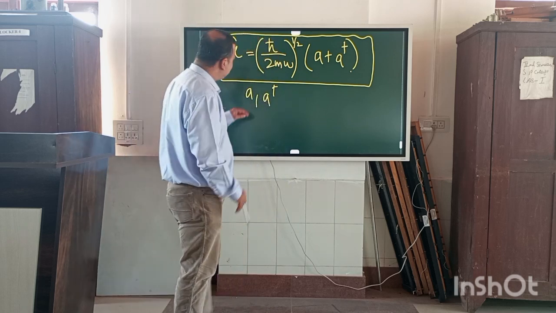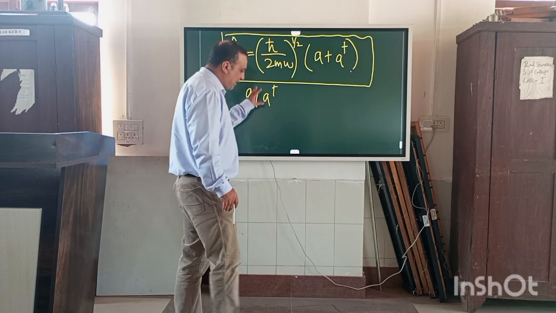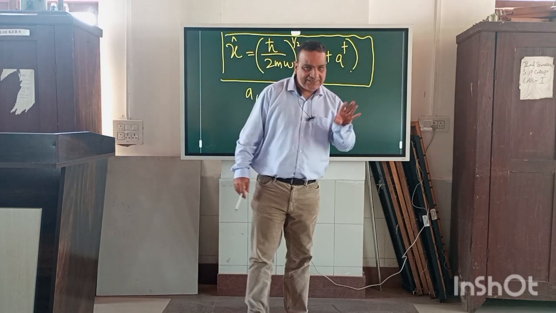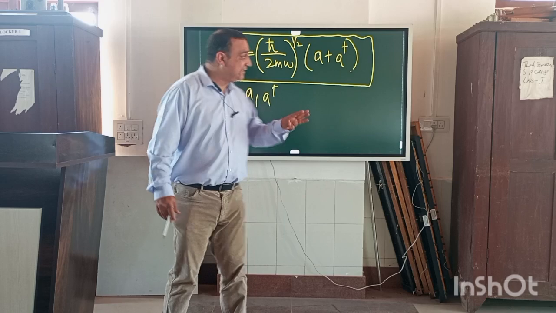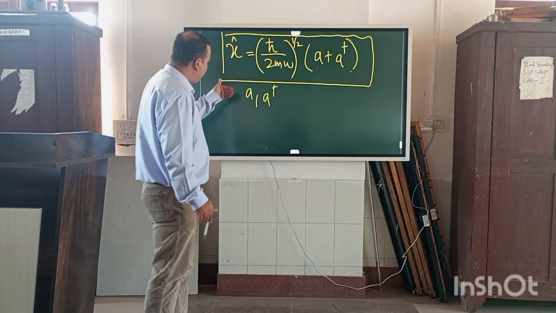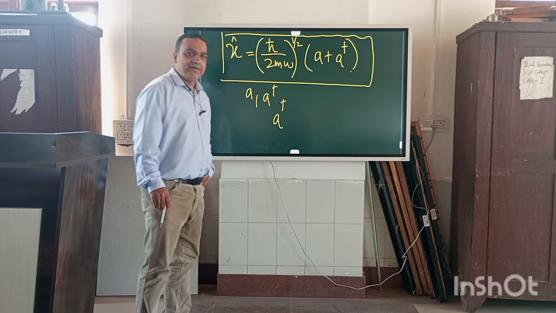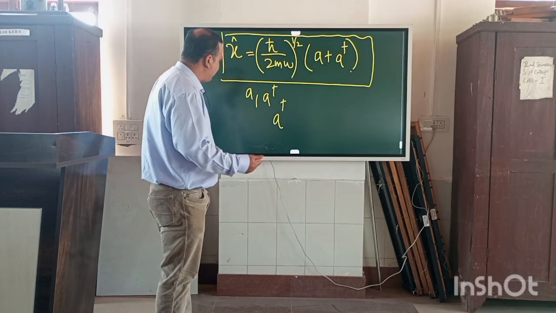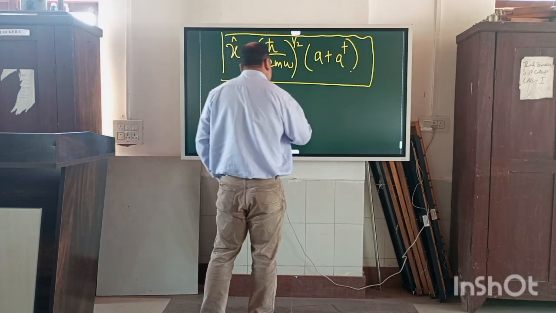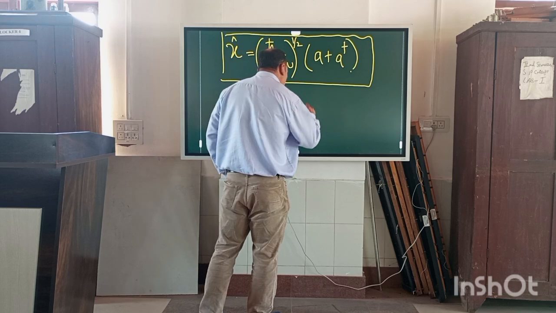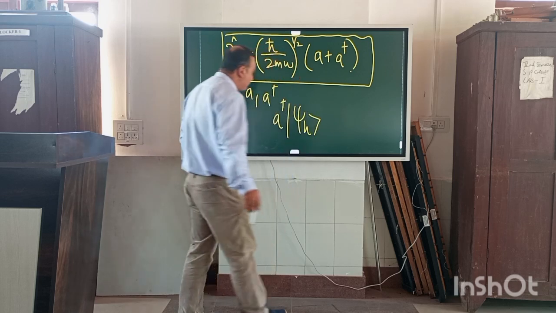Now the point is that when we act upon the eigenstate of the system by these operators, let's take A dagger as the creation operator, and assume that it acts on the state psi n.